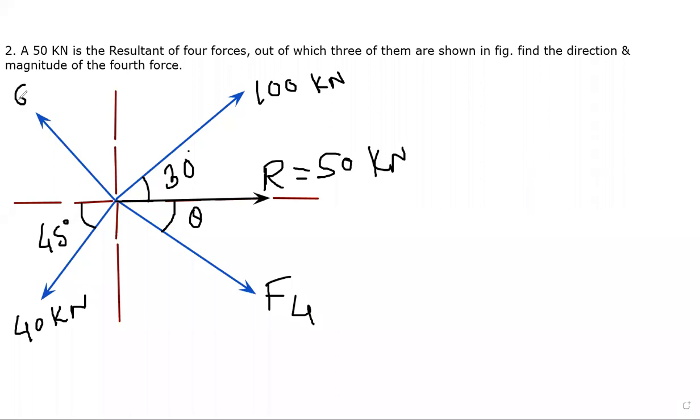This is 60 kilonewton, angle 30 degrees with respect to horizontal. So R is given as 50 kilonewton, acting along the x-axis. We have to find the value of F4 and theta.